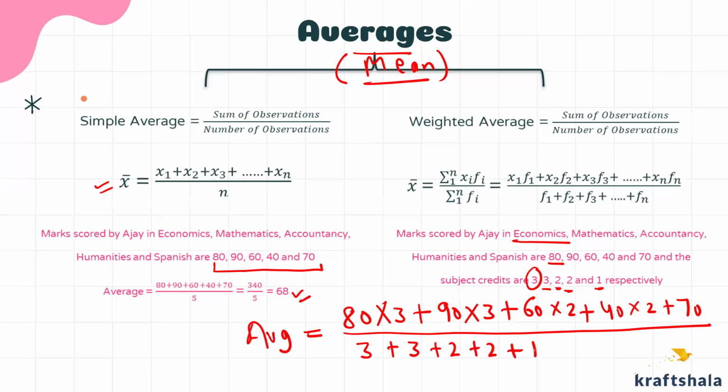But the meaning of average, all of you can write down: if all the things are distributed equally, then each equal value that one gets is called average.